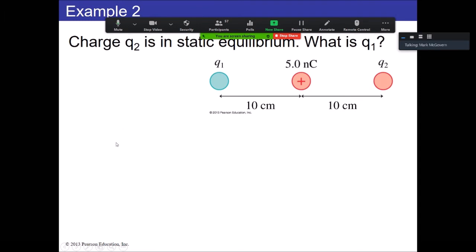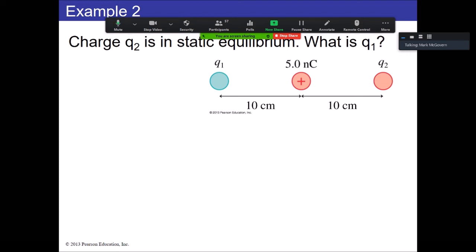Charge Q2 is in static equilibrium. We want to know what charge 1 is. If you're super savvy at this, you can probably do this in your head, but I'm going to work it out mathematically, and then I'll explain how you could get away with doing this in your head. So what's happening to Q2 here? Just to be clear, Q1 and the 5 nanocoulomb charge are stationary, locked down.